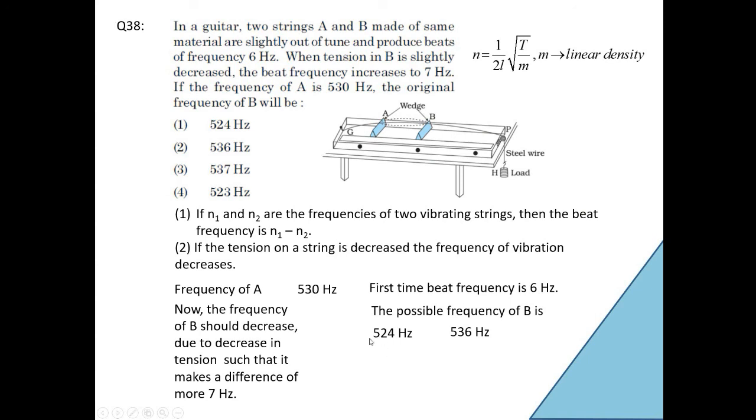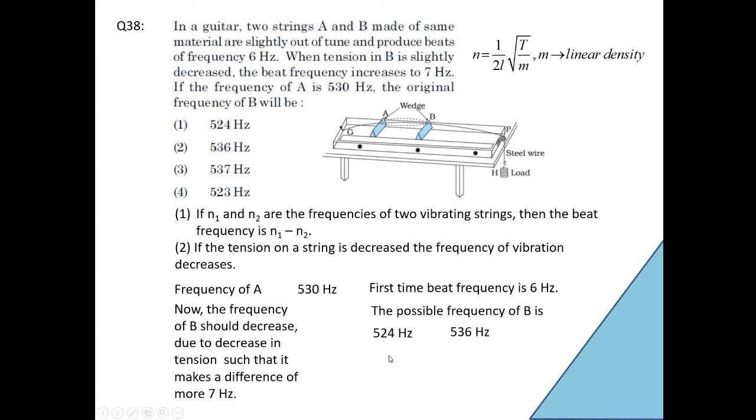So 530, 523, 7 Hz. That is possible. Suppose it decreases from 536 to 535, then it will become 5. So the beat frequency has decreased the second time, but you have to get 7 Hz.